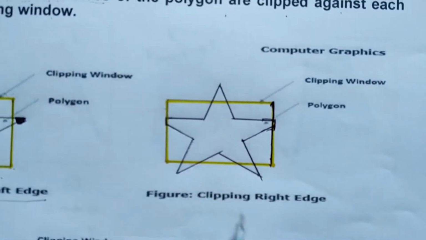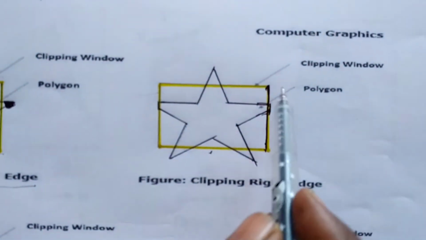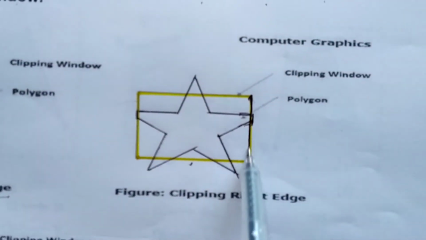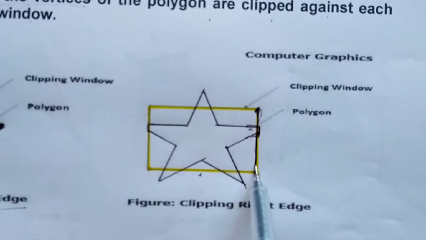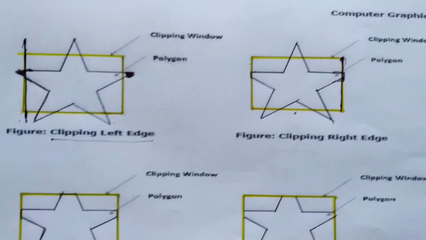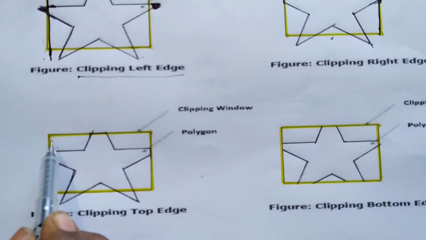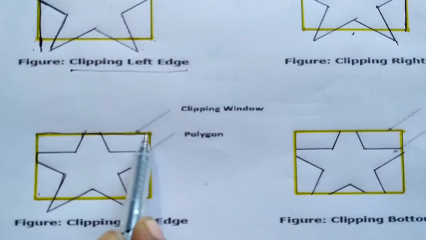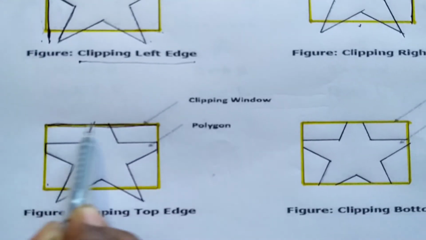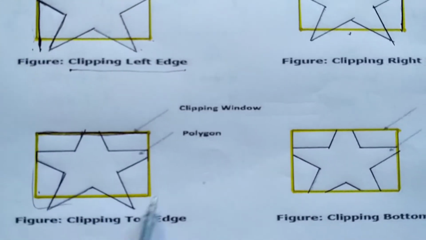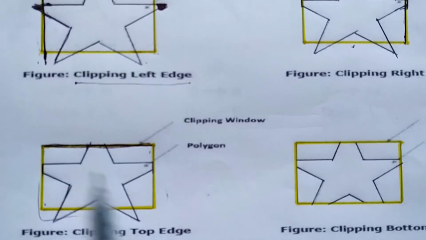So in the second diagram, what have we done? We clipped the polygon against the right edge of the clipping window. Okay, and in the third step, we are clipping the polygon against the top of the clipping window. This is the clipping window. This is the top, right?